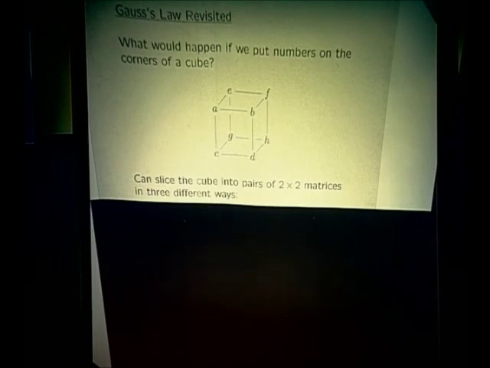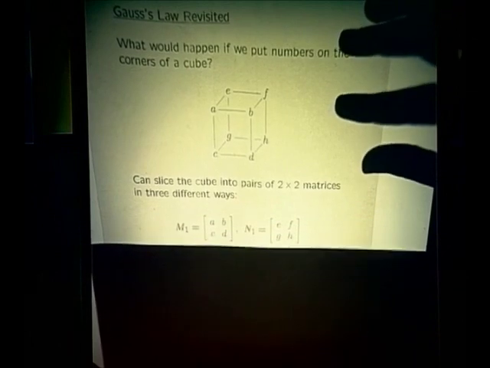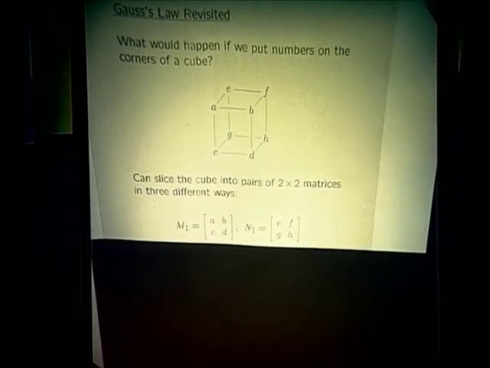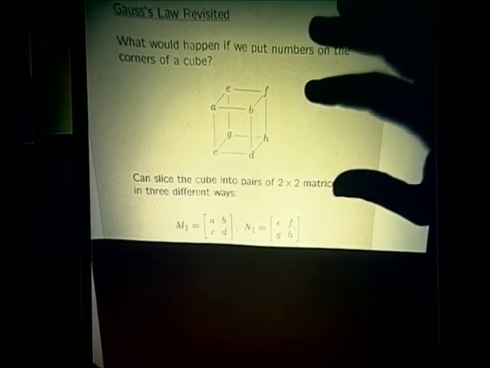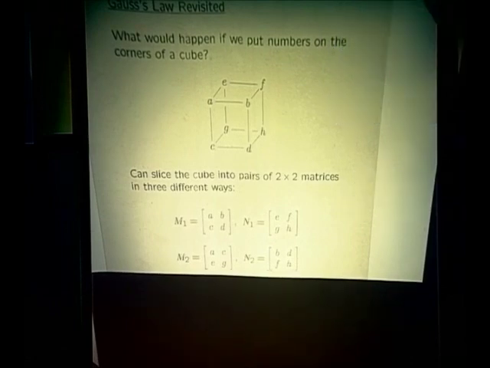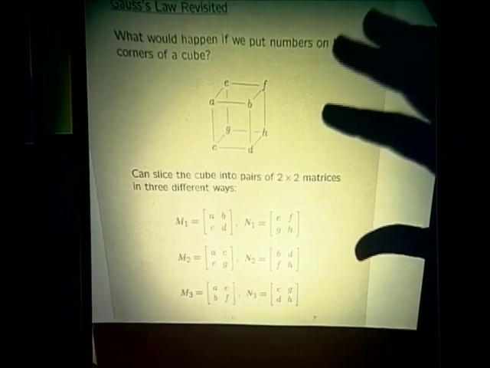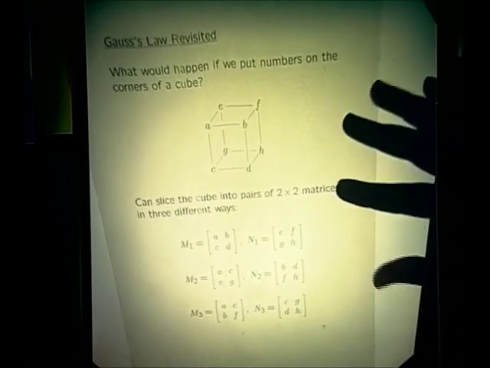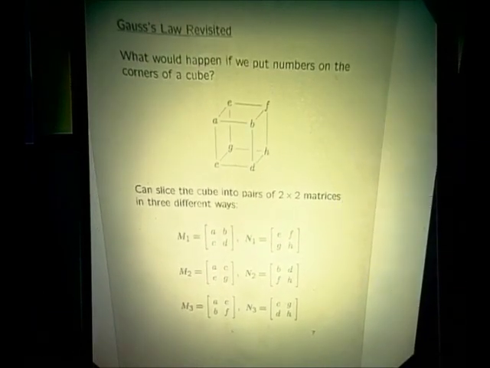For example, if you cut the front face from the back face, you get A, B, C, D, and then E, F, G, H. Or if you take the left face and the right face, you get these two matrices. Or if you take the top face and the bottom face, you get these two matrices. So anytime you have a 2 by 2 by 2 matrix, you can slice it into two 2 by 2 matrices in essentially 3 different ways.